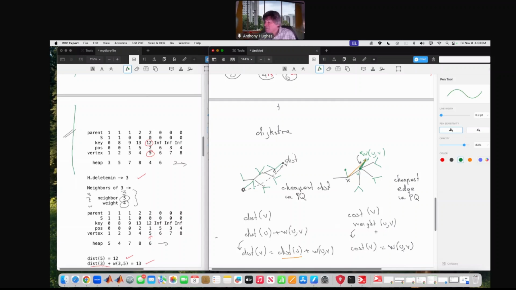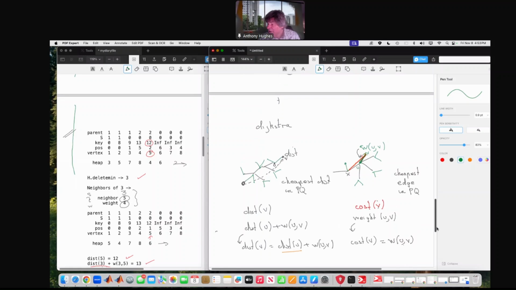So if the weight is smaller than the current cost, I'll put that cost in orange so you can see. Cost of UV. So here is the current cost of V, and then we've now introduced U into the picture. If this is cheaper, because it's nearer, we'll put that one into the tree.